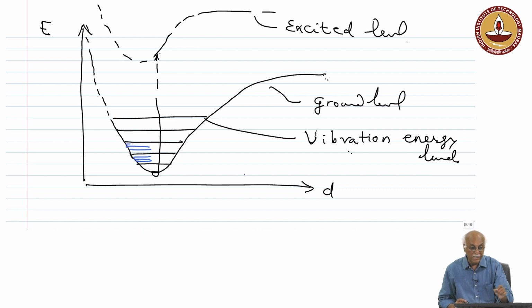So, vibrational energy levels are from, let us say, this state to this state. Electronic energy levels are transferred from the ground level to the excited level, and a vibrational energy level will go to the next level.